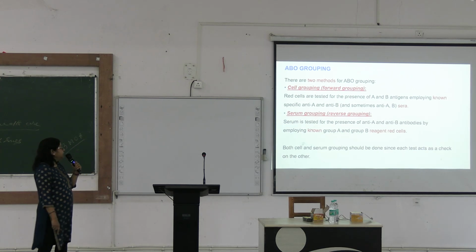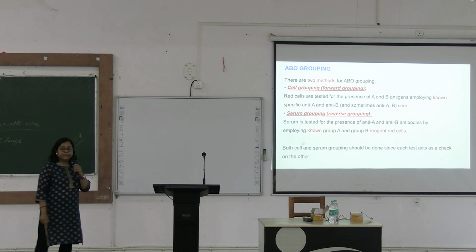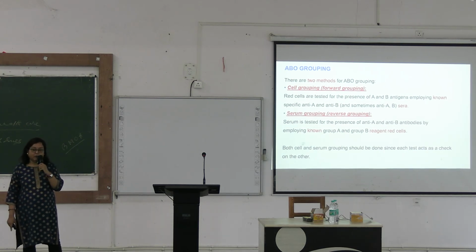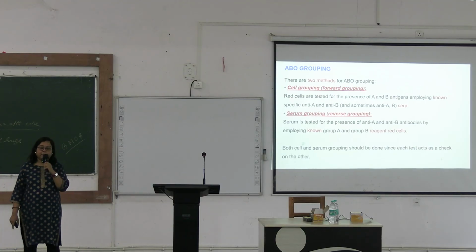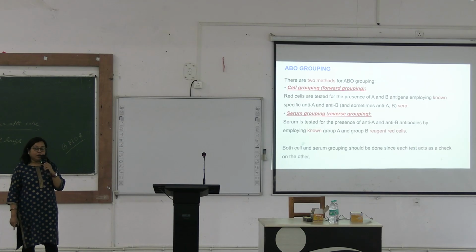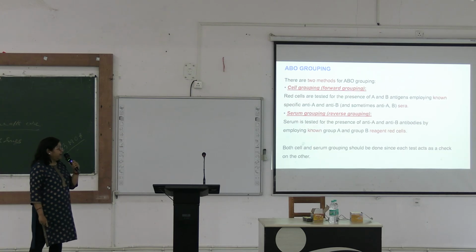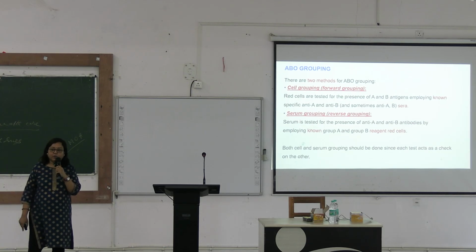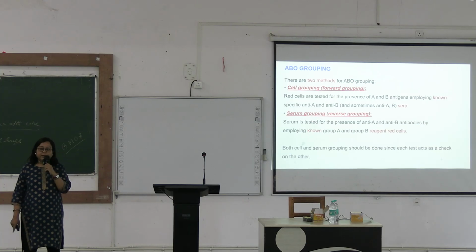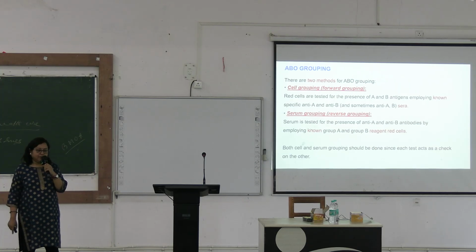So how do we do the cell grouping? In case of forward grouping, the RBCs are tested for presence of A and B antigens using known specific anti-A and anti-B sera. So in forward grouping, we are using known sera, anti-A and anti-B.